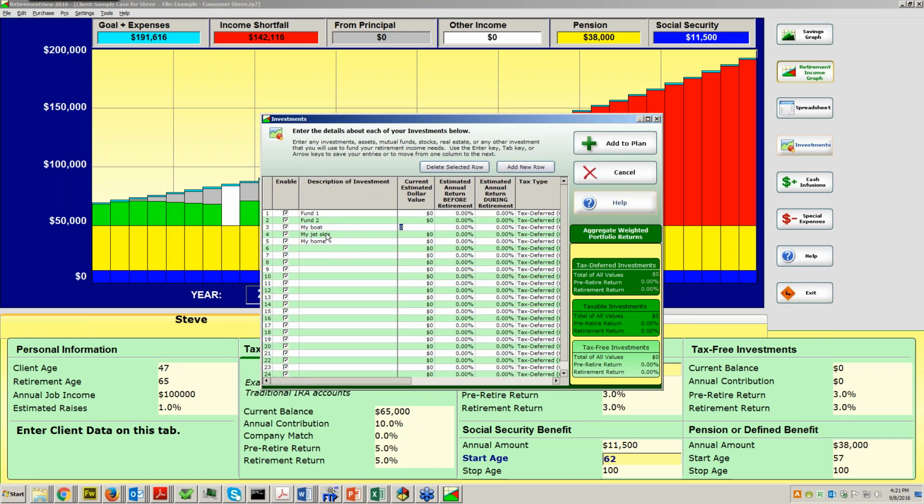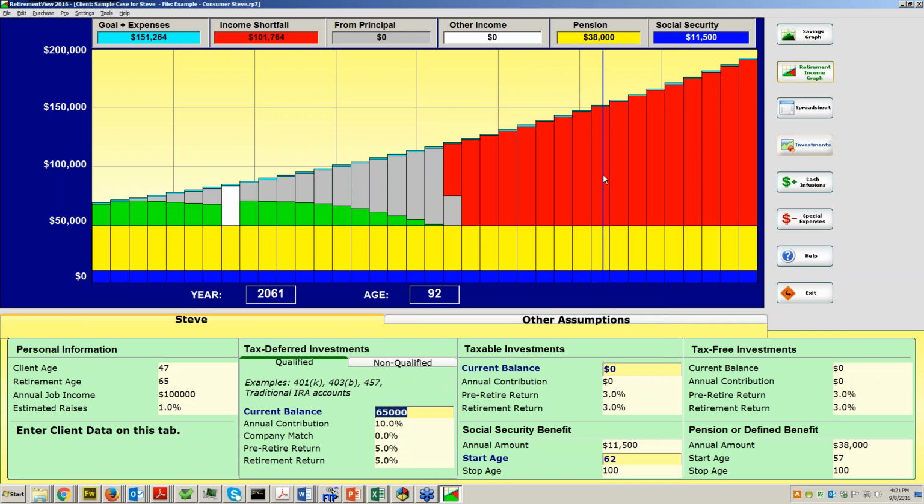Now, we've thought about offering an option to enter these types of things and have a little checkbox where you check whether it's to be included for retirement or not, or just for net worth. If you do just for net worth, we could then maybe have a liability screen, so you'd have all your investments and assets in one place and another place for liabilities, and we could calculate a net worth.